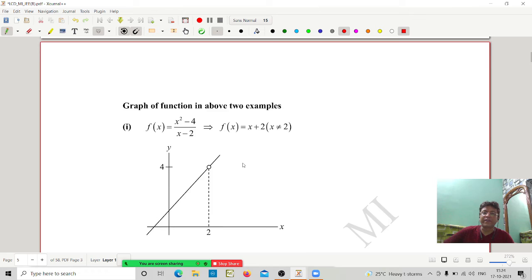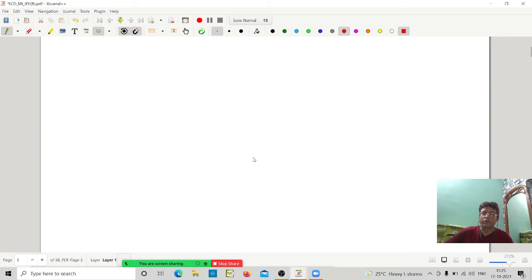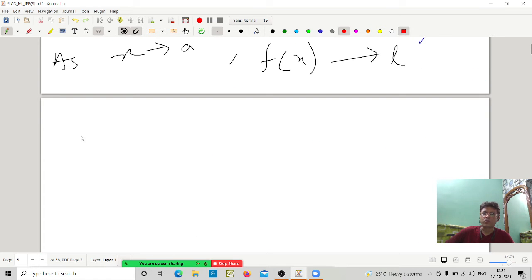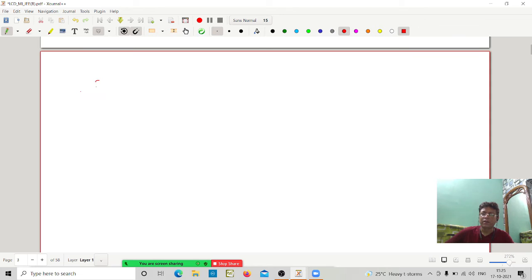Okay, I will explain one more example for you guys. Suppose f(x) equals mod x over x, and x is not equal to 0 definitely, otherwise the function is not defined at 0.